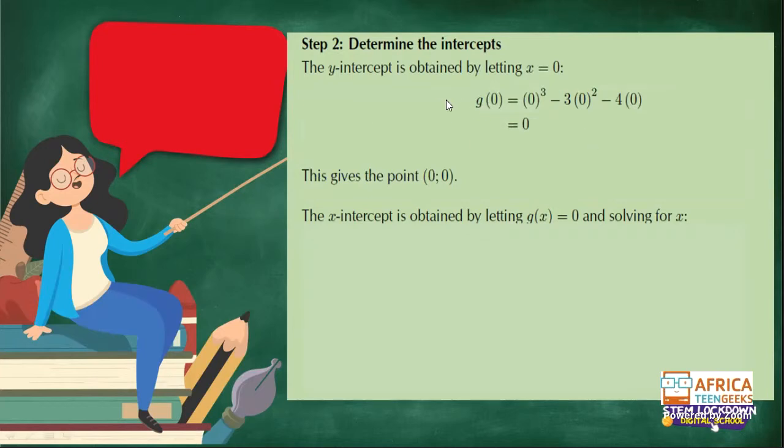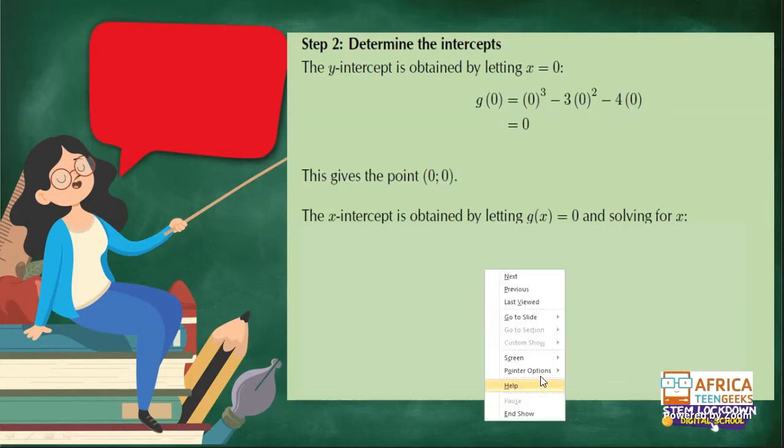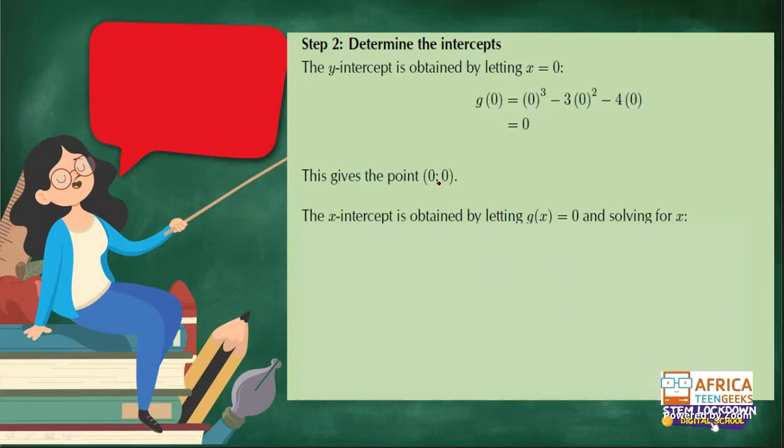So we substitute 0 in the place of x and solve for y. This means when x is 0, y is 0. Remember, this is your x coordinate, and this is your y.